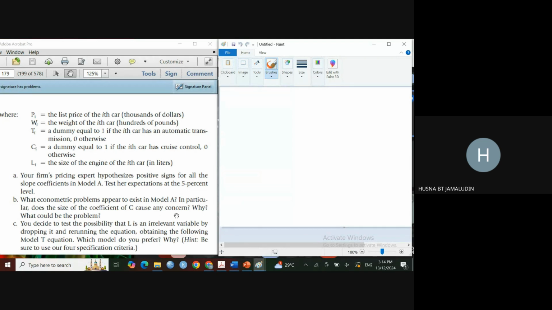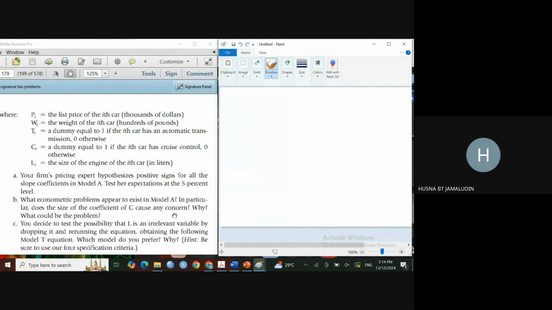But when you also have issues with an omitted relevant variable, you also cause bias to this standard error, which means you will increase the standard error. So in a normal question, when they ask you what is the possible econometric problem, the first thing you have to think about is not multicollinearity, but whether you have included the relevant variable.